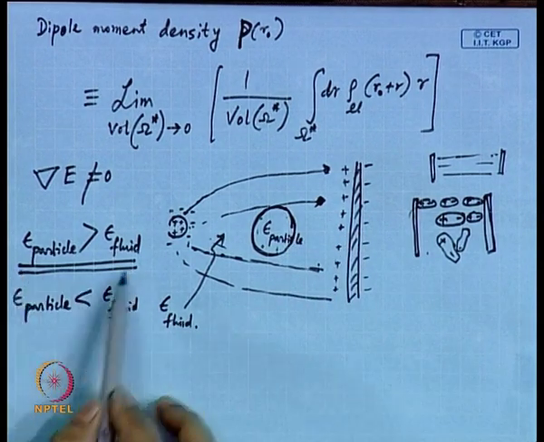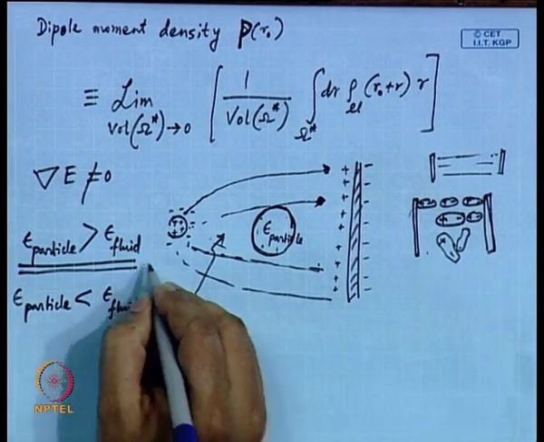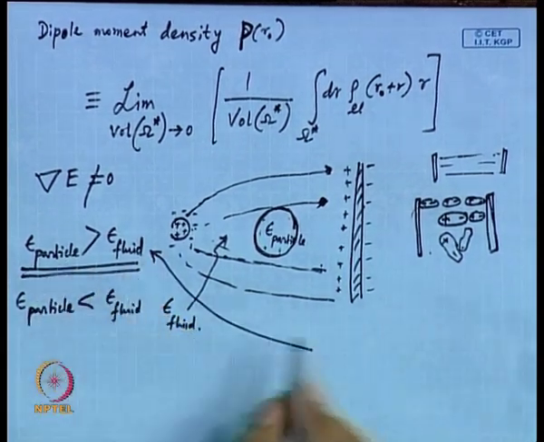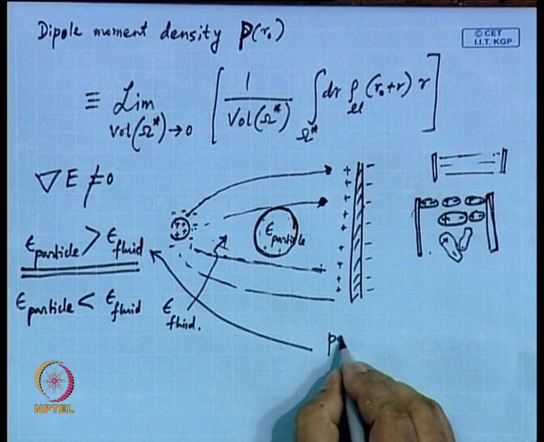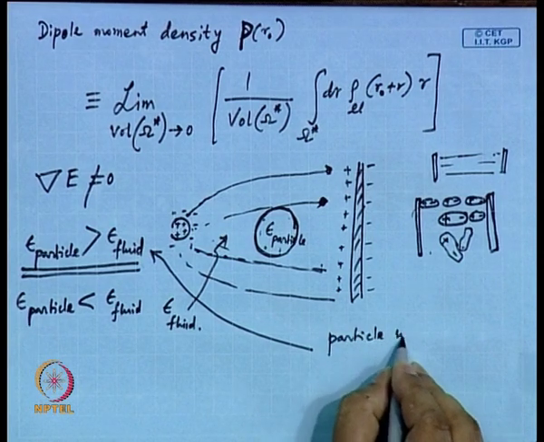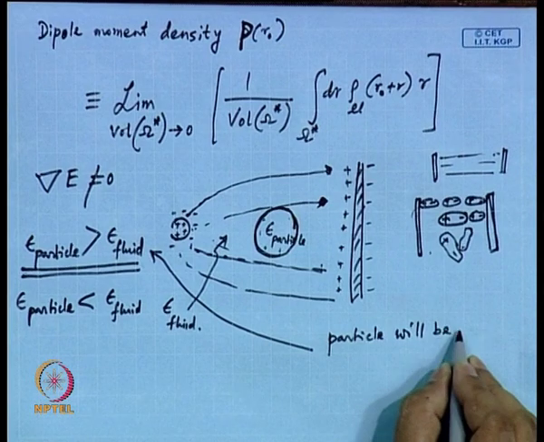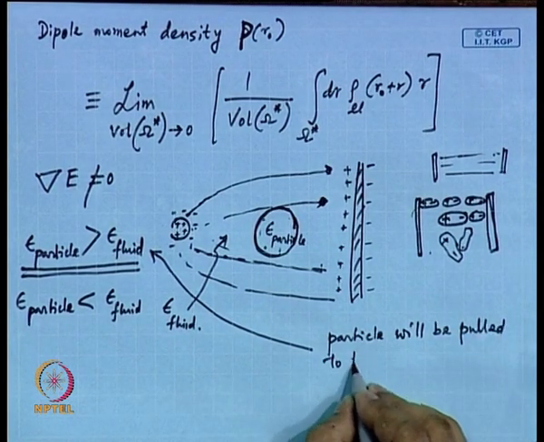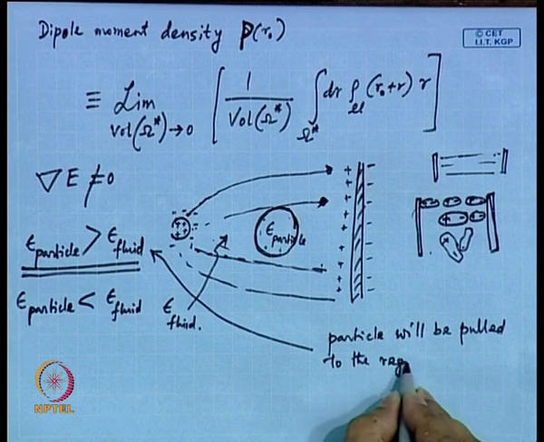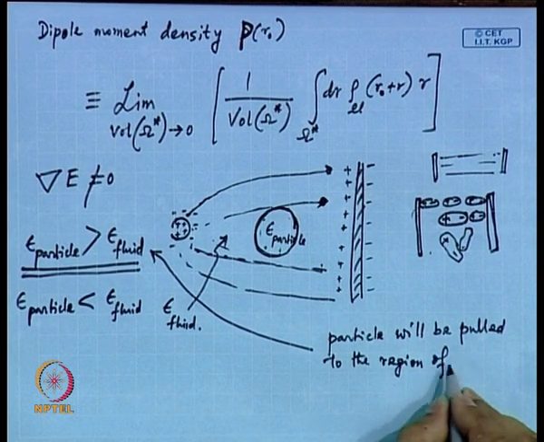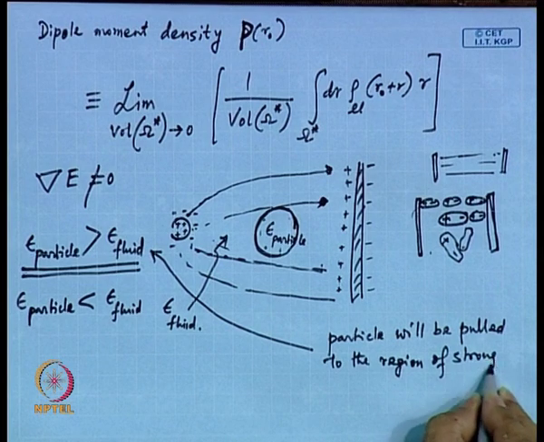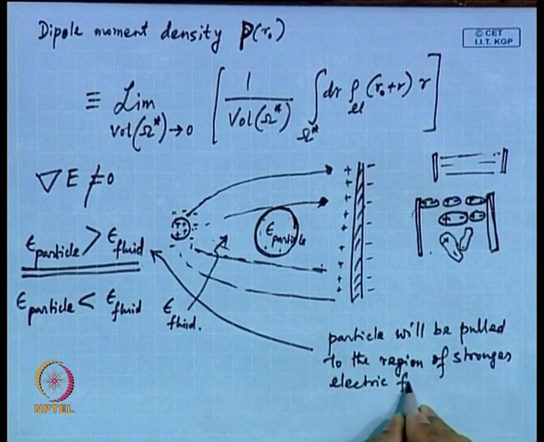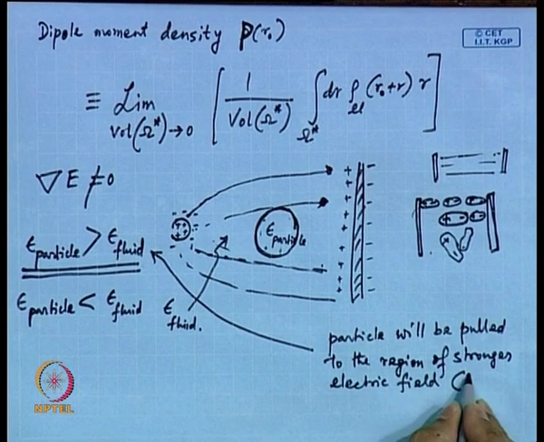So, I should write this down clearly. When f sub particle is greater than f sub fluid, then the particle will be pulled to the region of stronger electric field, that means to the left.